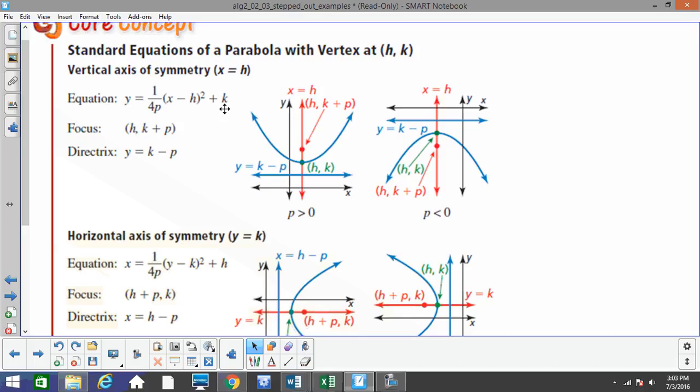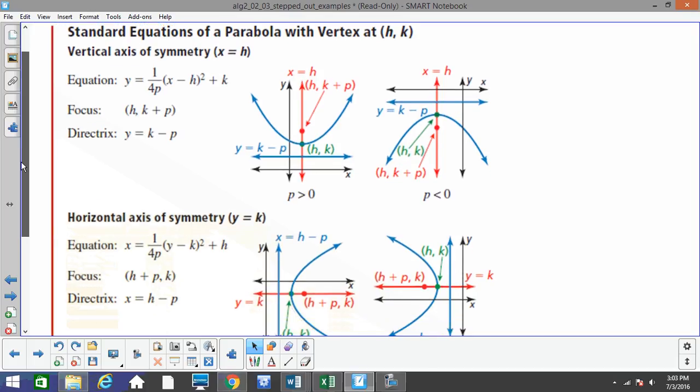Your focus is going to be (h, k plus p), and your directrix is going to be y equals k minus p. What I would really suggest is you write these down really neatly, and as you're doing your homework, have this as kind of a little bit of a cheat sheet out in front of you and use it as a reference. You're going to find it very helpful.